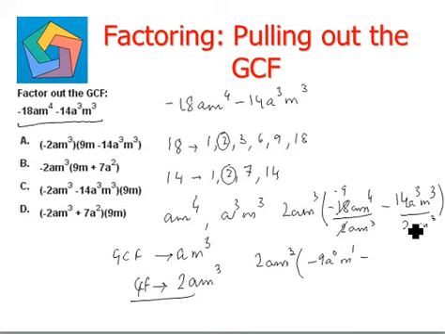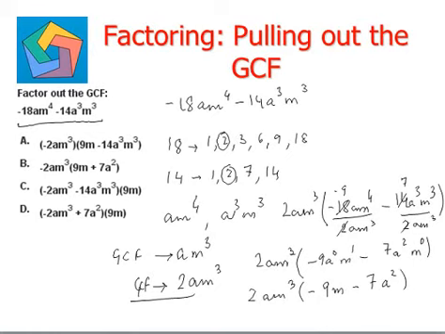Minus, this is 7. a to the power of 3 divided by a to the power of 1 is a squared. m to the power of 3 divided by m to the power of 3 is m to the power of 0. So we have 2am cubed times (minus 9m. Anything raised to the power 0 is 1, minus 7a squared).